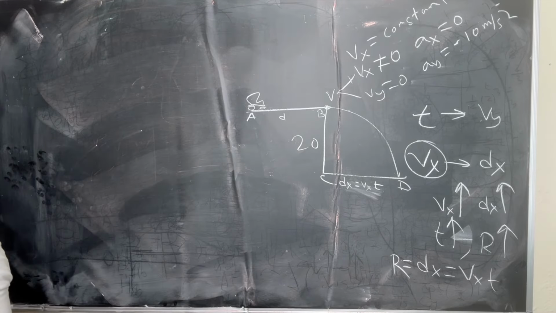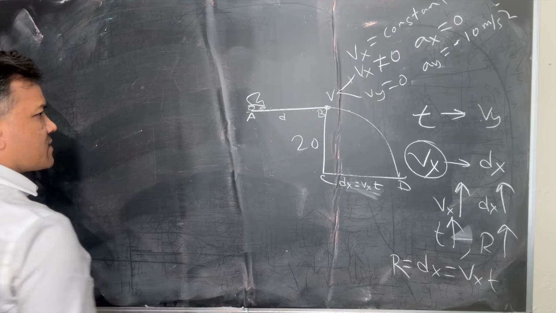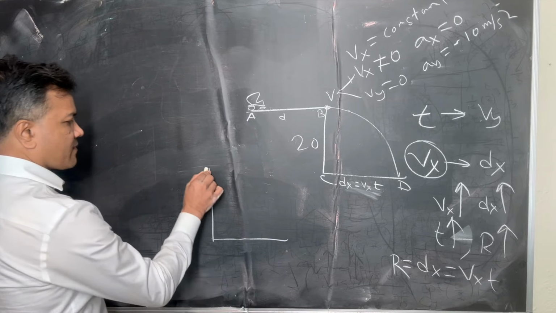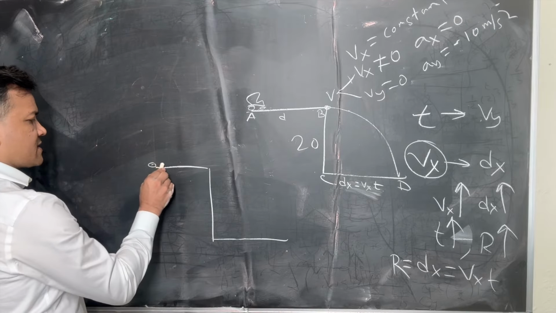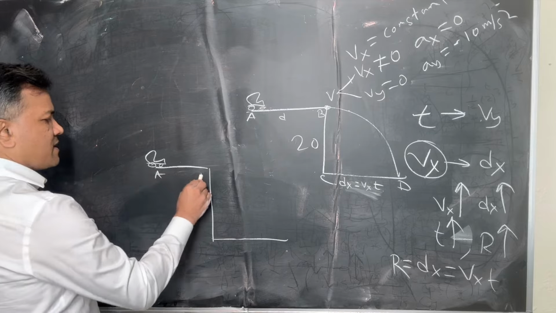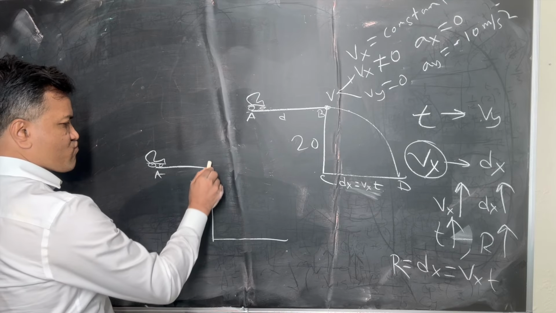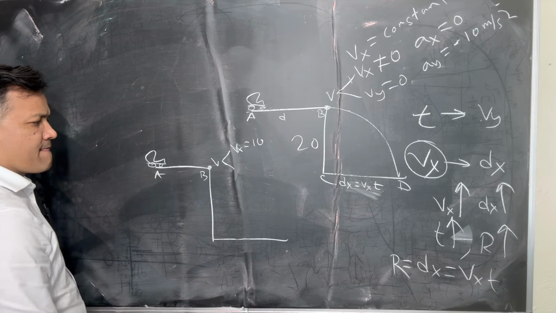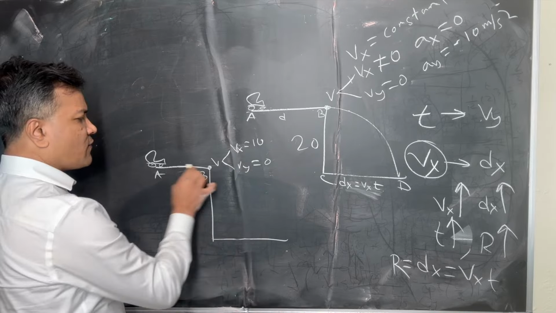So I'm going to give you two scenarios and you're going to tell us what happened. Scenario 1. An object starts moving from A to B, and at B, velocity Vx is less than 10 and Vy is 0 because it's off of the ground.